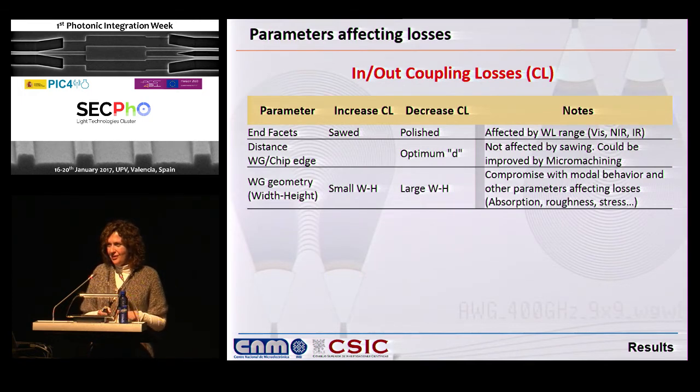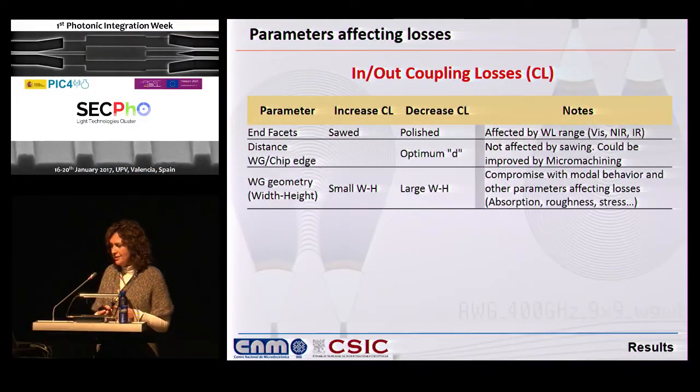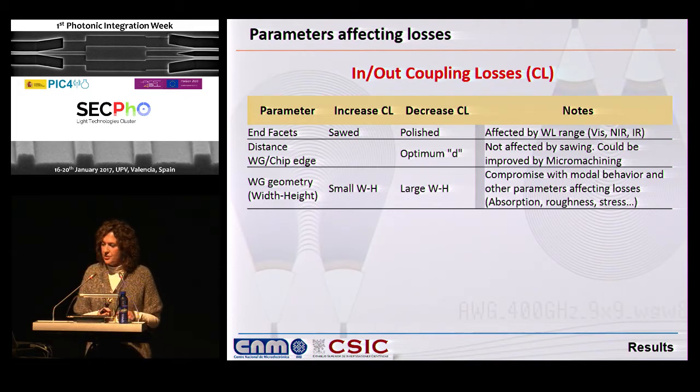Until now, the thing we are looking at is the losses. We can divide them into two different kinds: the in and out coupling losses and the propagation ones. Regarding in and out coupling losses, we have to be careful with the end facets. We also have to be careful with the distance and the geometry, of course.